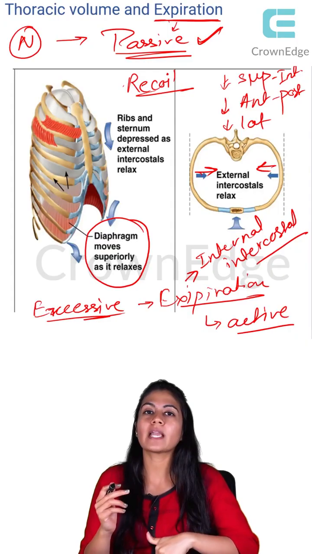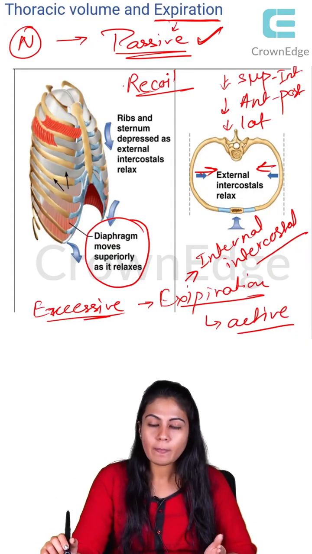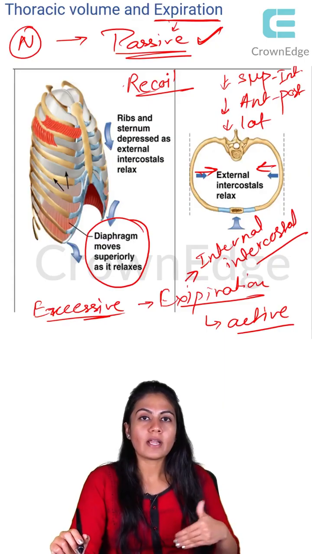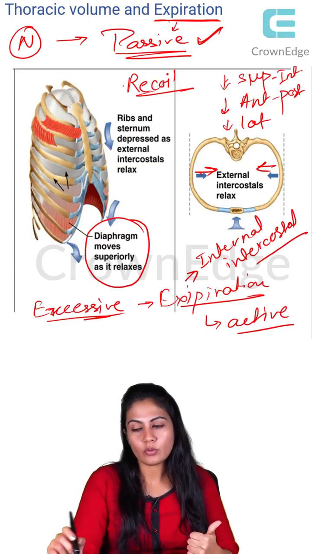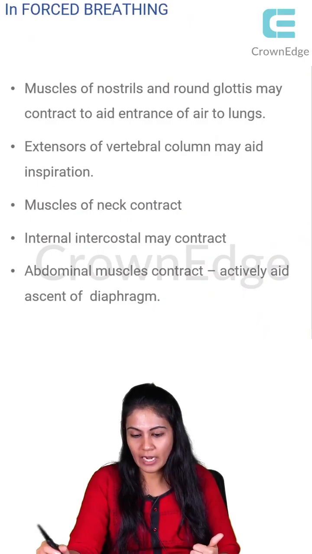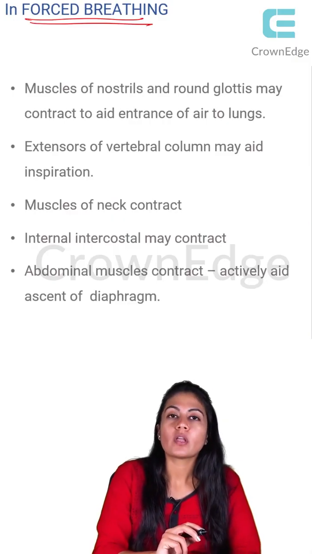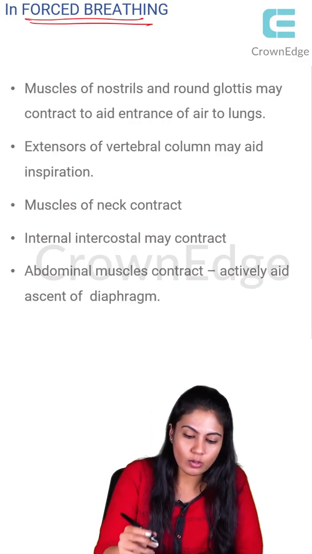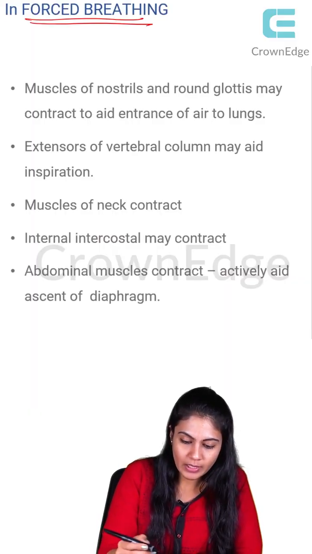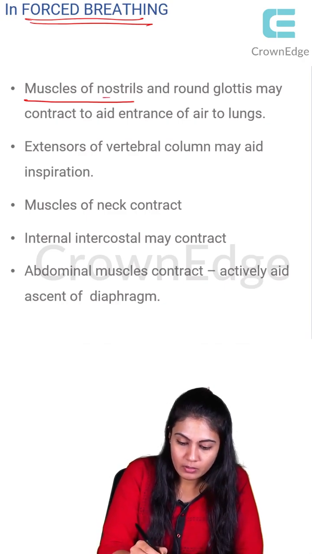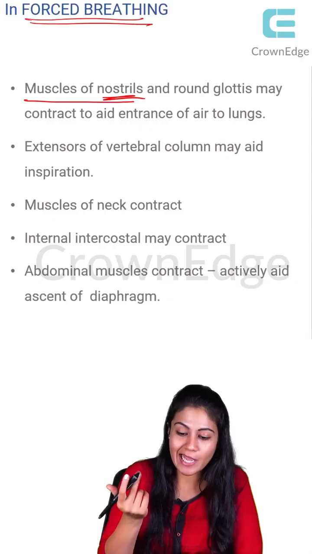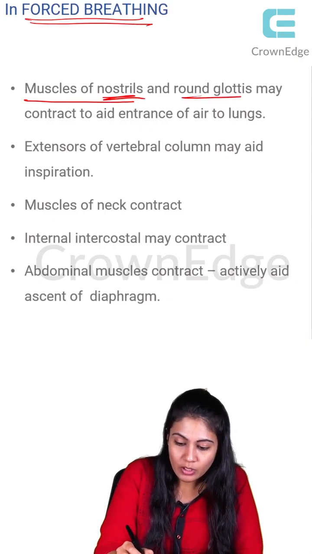So what will happen? The air will be thrown out, and this process is increased with the help of the internal intercostals in case of activity, right? That active activity, like during exercise, is also known as forced breathing. So in forced breathing, which are the muscles? The muscles of the nostril, the alae nasi, and the muscles around the glottis may contract and aid the entrance of air to the lung.